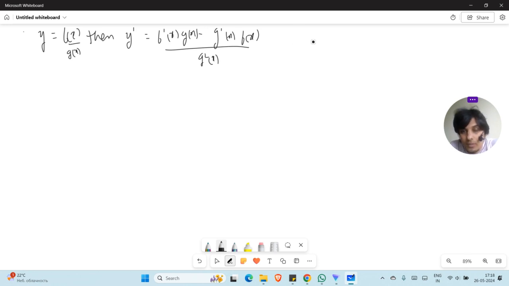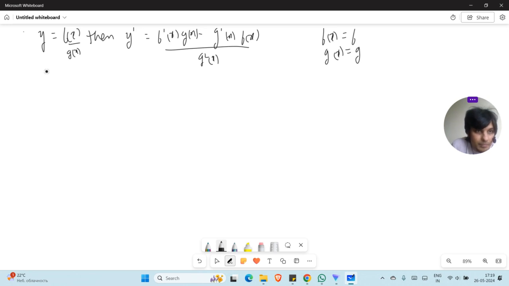For the sake of simplicity, I'm calling f(x) to be f and g(x) to be g. Why? Because both f and g are functions of x, so it really does not matter if we keep them simplified. It would eradicate some very complicated, stuffy looking mathematics on our whiteboard.